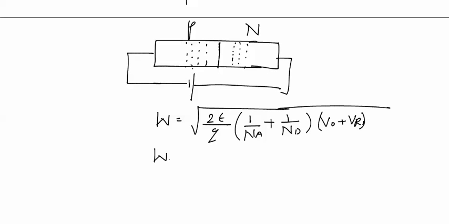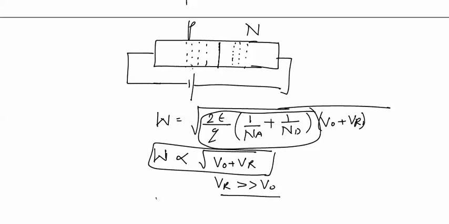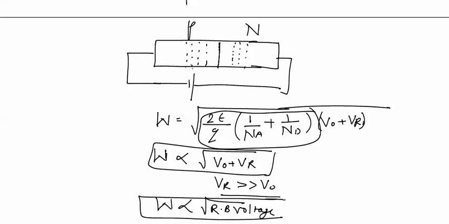Now from this equation, if I consider all the things are to be constant, I can say that depletion layer width W is directly proportional to root of V0 plus VR. As VR is very greater than V0, I can say W is directly proportional to root of reverse bias. So for a PN junction biased in reverse direction, the depletion layer width is directly proportional to root of reverse bias voltage. Means the depletion layer width will increase with increase in reverse bias voltage.